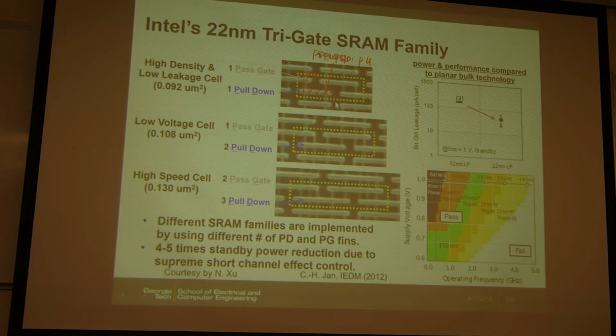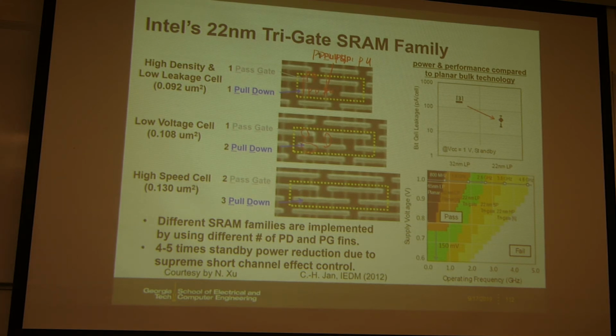And then you can do the others by yourself. For example, the second one: the pull down has 2, the pass gate 1, and the pull up 1. So you can figure this out by yourself. I will skip the rest. So look at how many fins there are.